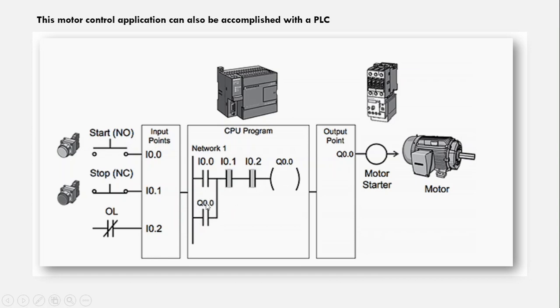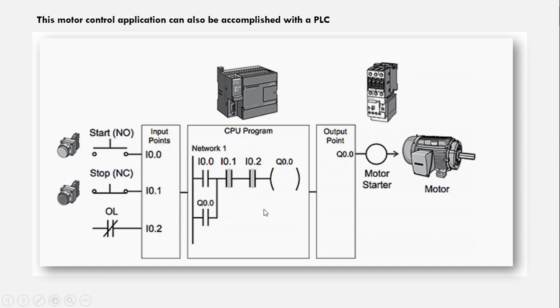When this is latched, it means the start button is bypassed. So when we release the start button, this branch is still energized through this path Q 0.0, I 0.1, I 0.2 and Q 0.0, meaning the motor remains in the start position.